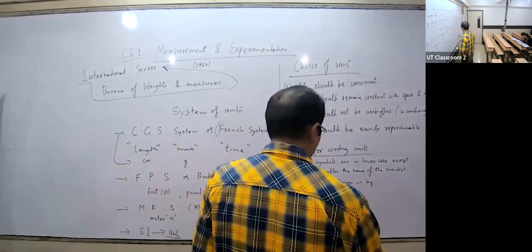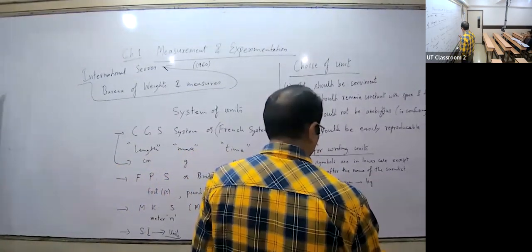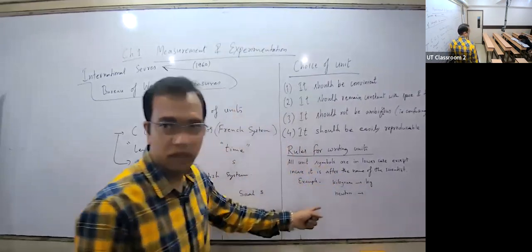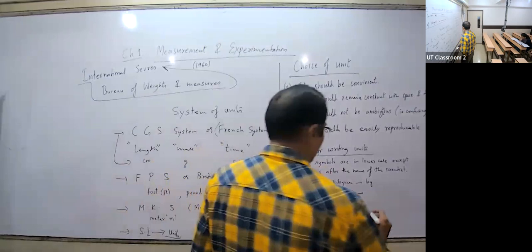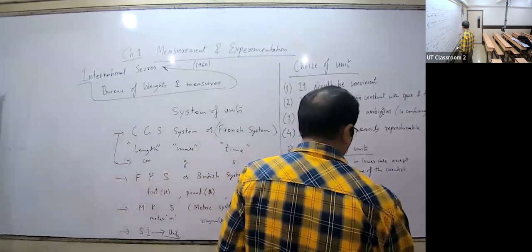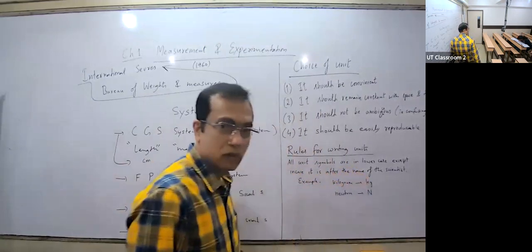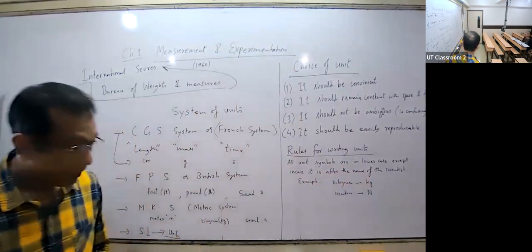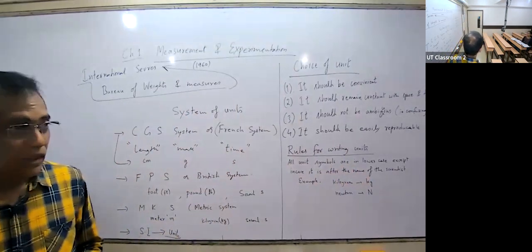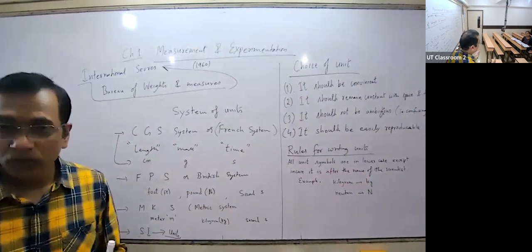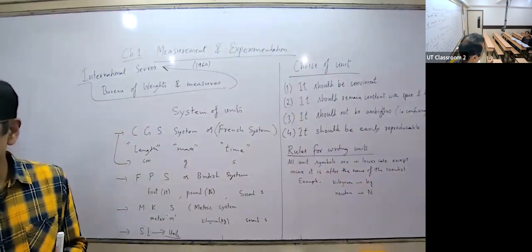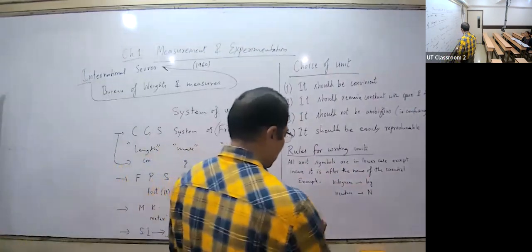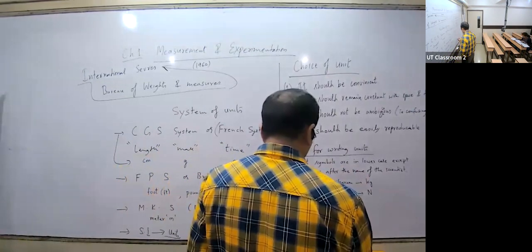Next, if the name of the scientist is Newton, when you write the full form, you write it like this. But when you express it as a unit symbol, you write capital N. Clear? This is how you will write. And for derived units like Newton meter, there will be a space in between or a dot. Okay. So this is the rule for derived units.